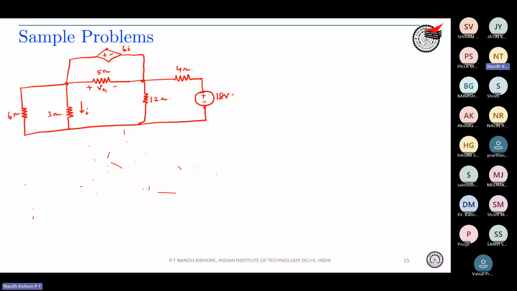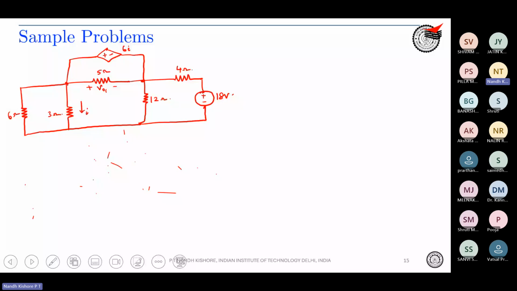So let's start simplifying. You can obviously see that 6 ohm and 3 ohm are in parallel, but you cannot directly just simplify this. You have to bear in mind what would happen to current I. If current I flows through 3 ohm, what would be the current through the 6 ohm resistor?